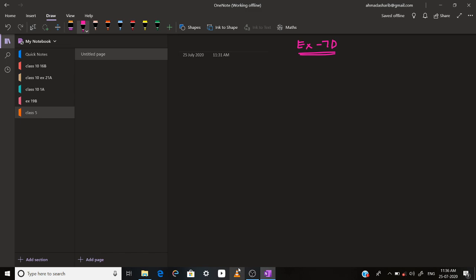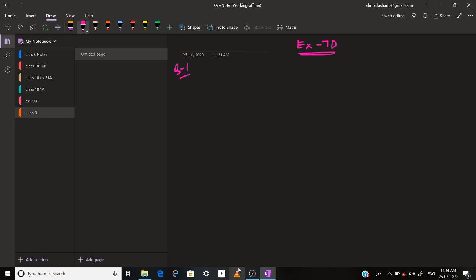So I'm going to start question number 1. In this chapter we have to check the divisibility of the given numbers. On page number 112 a table is given. You have to read that table carefully.